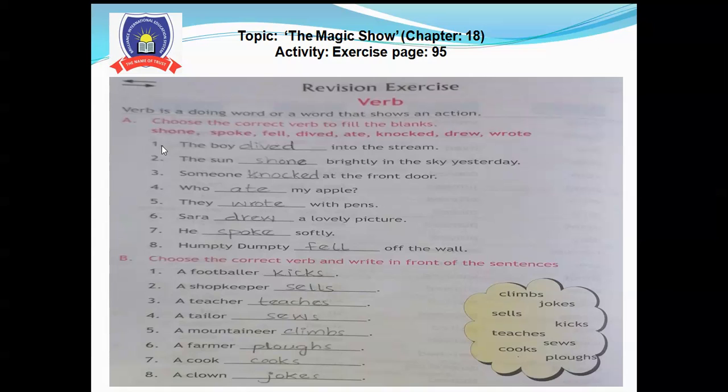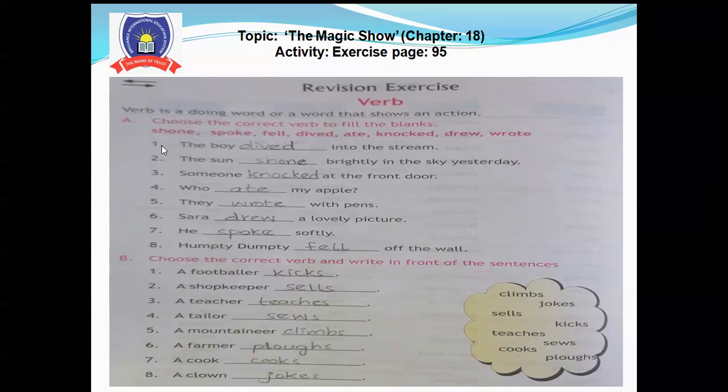Number 5, they wrote with pens. WROTE, wrote. Okay. Number 6, Sarah drew a lovely picture.